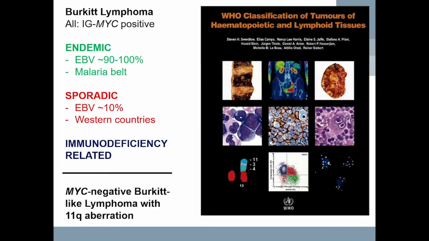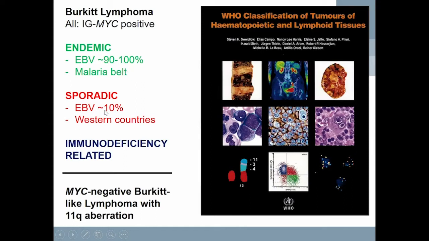If you look into the current WHO classification for Burkitt's lymphomas, essentially there are three variants which are distinguished mainly on an epidemiologic basis. On the one hand, it's the endemic variant, predominant in the malaria belt and closely associated with Epstein-Barr virus infection.